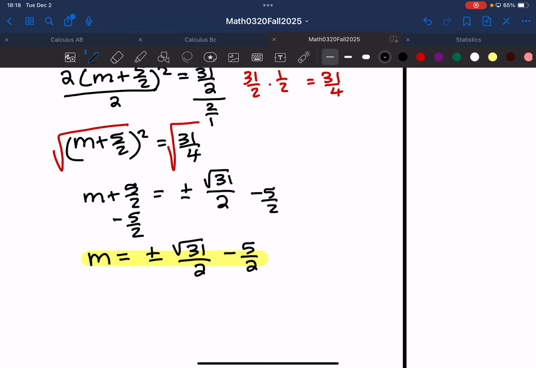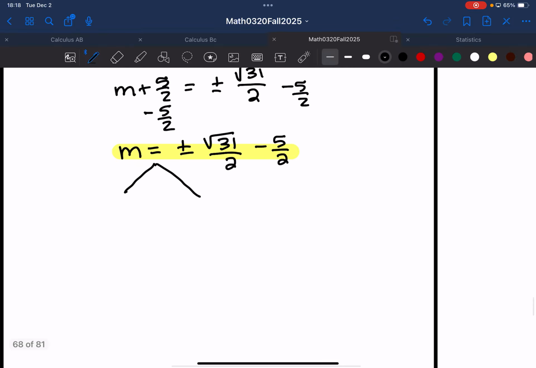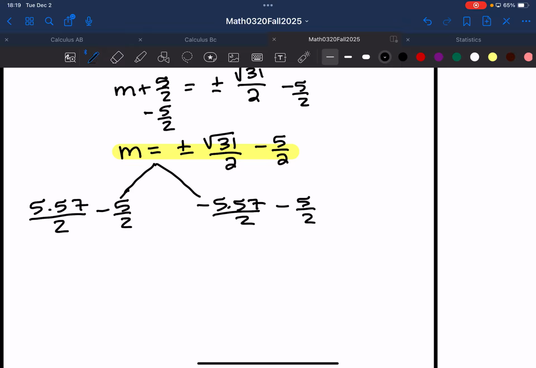Yes, 5.57. So if we split this up, because one's positive and one's negative, we would have 5.57 over 2 minus 5 over 2. That's our positive square root of 31 over 2. And then we have negative 5.57 over 2 minus 5 over 2.